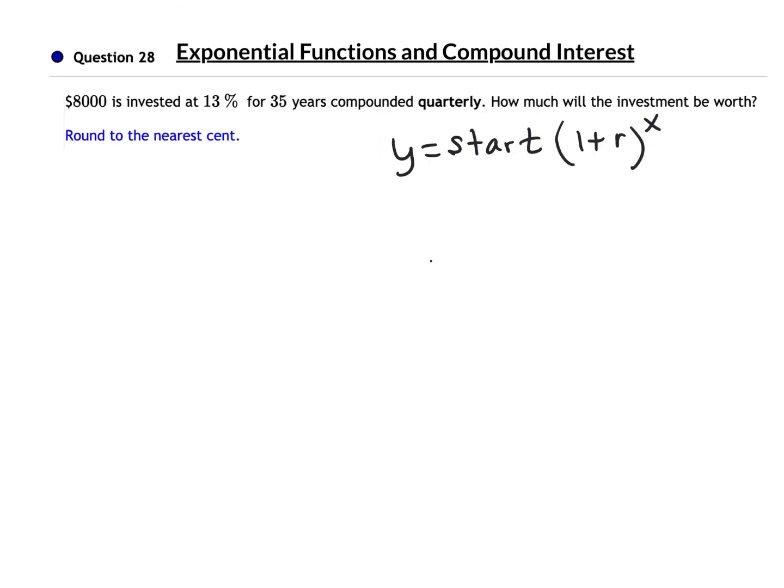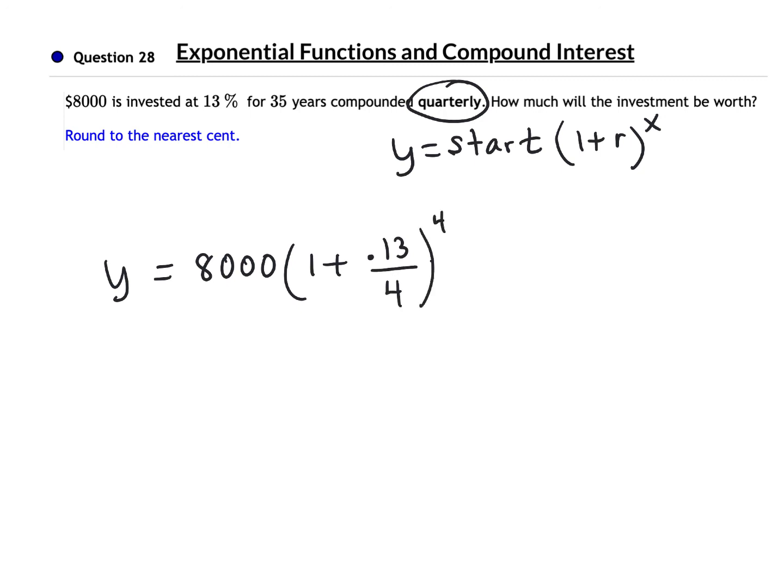Question 28, another quarterly question. This time we're starting with $8,000 and the rate is 13%. That's 1 plus 0.13. It's quarterly. There are 4 quarters in a year, so we'll divide by 4. Going to the power of 4 is just 1 year. We want to do 35 years, so we have to take 4 times 35.